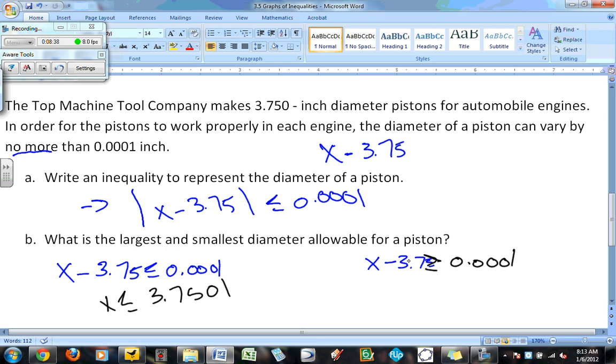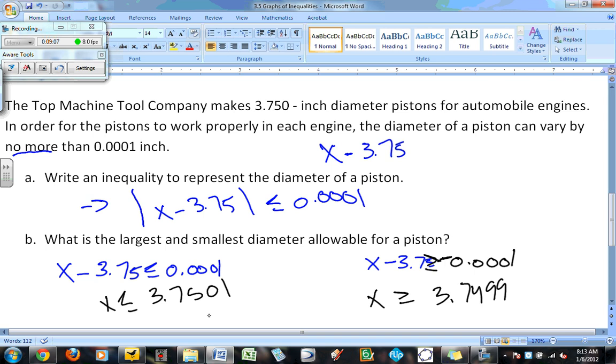And then again, sorry, this is a negative out front here, we flip the sign, and we add a negative to that. So x has to be greater than or equal to 3.7499. So we know that our piston has to have a diameter that's in between those values.